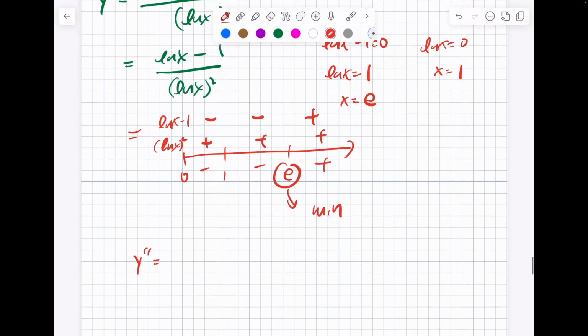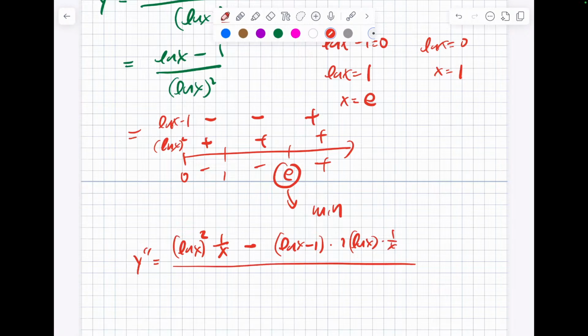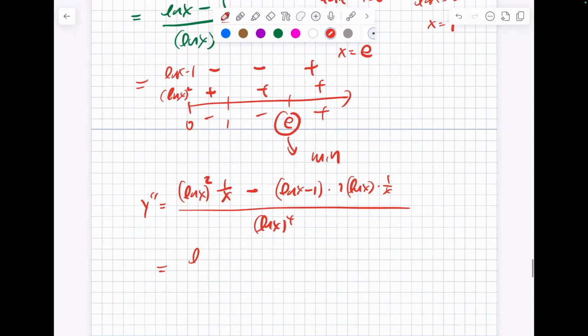All right, so let's take the derivative of this one. Now this one is just a lot of algebra. So low D high, minus high D low, over low low. And you can factor out a GCF. In this case, the GCF is ln of x times 1 over x.